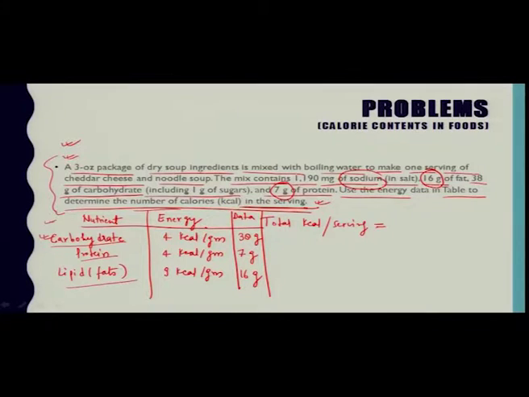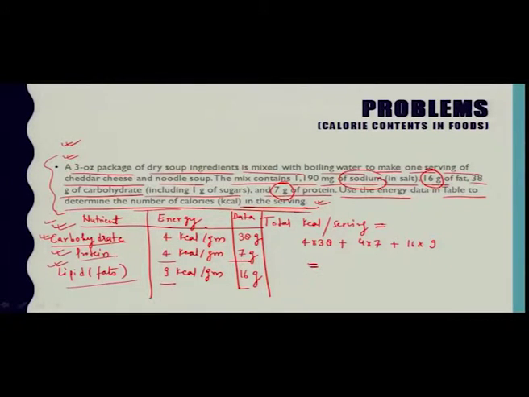So the total kilocalorie per serving will be equal to the number of calories provided by carbohydrate plus the number of calories provided by protein plus the number of calories in fat. So now total kilocalorie per serving will be, if we start with carbohydrate, 4 into 38 plus 4 into 7 plus 16 into 9.